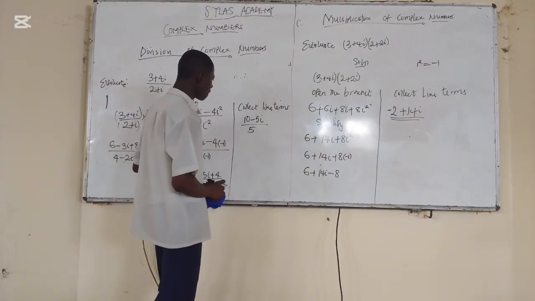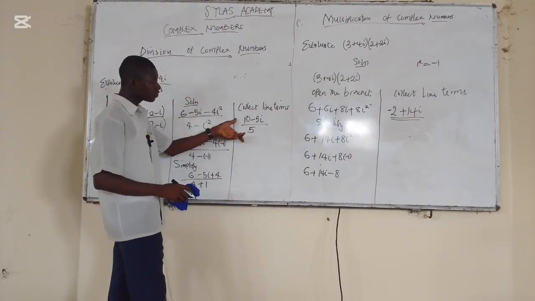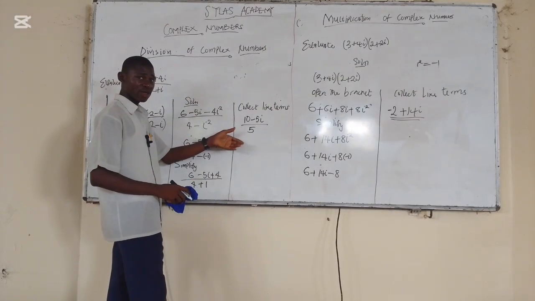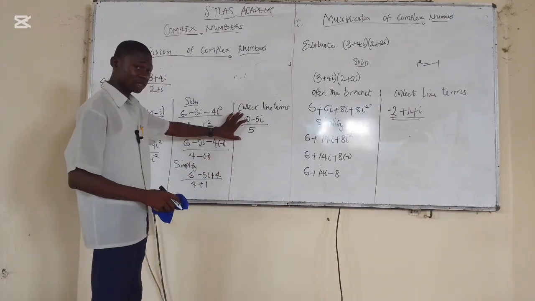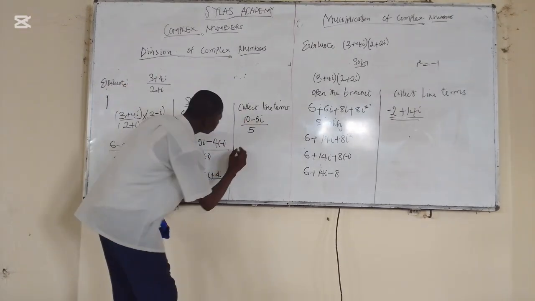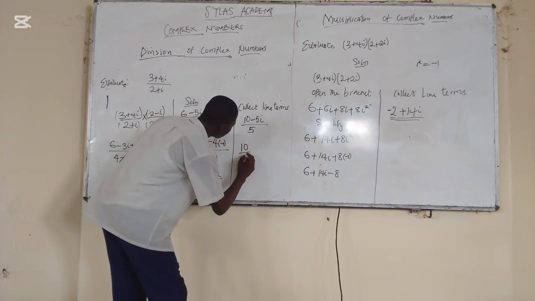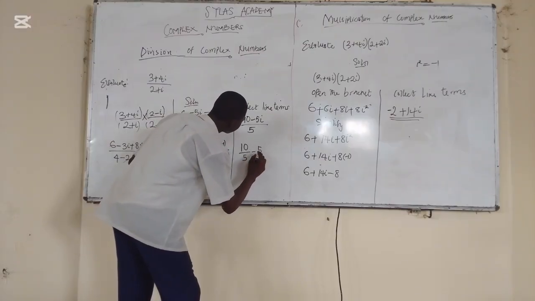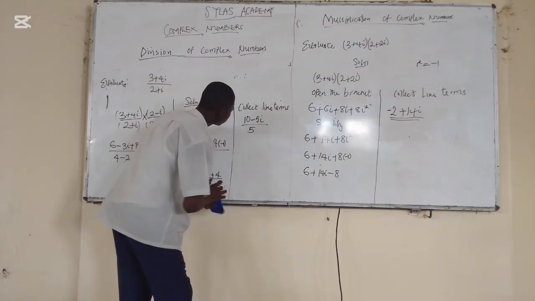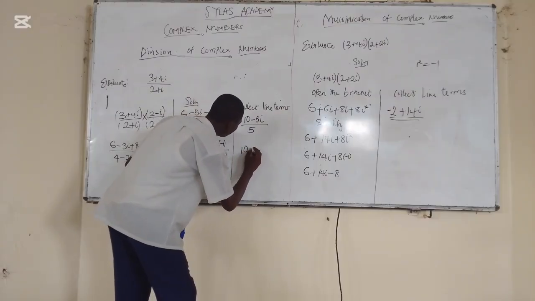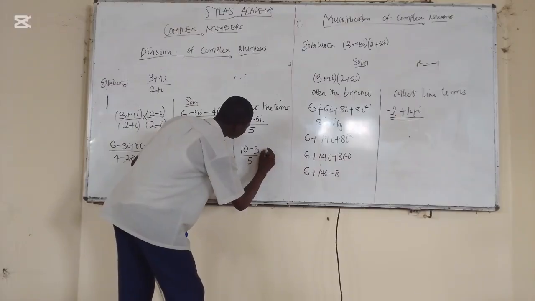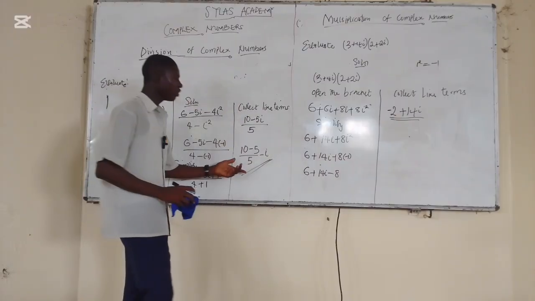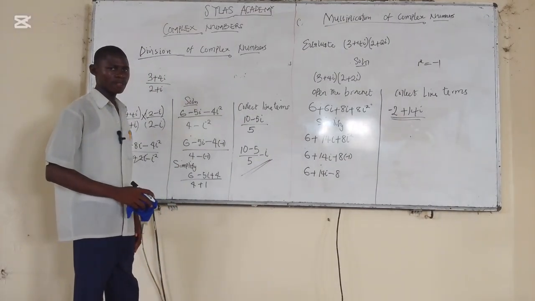You can choose to leave your answer like this, but to show your answer in standard form, you have 10 over 5 plus i, so 10 over 5 is 2, and this becomes your answer in standard form. Are you following now?